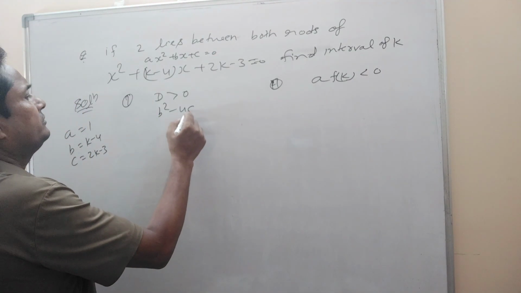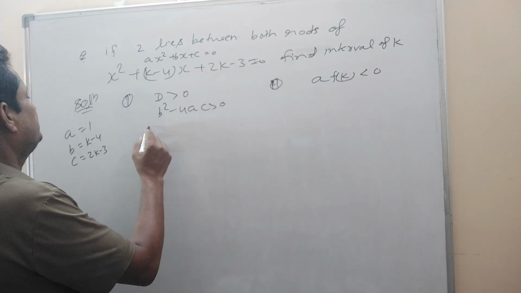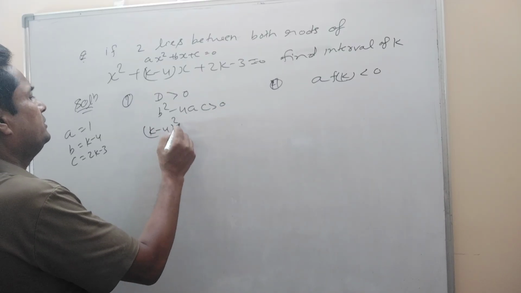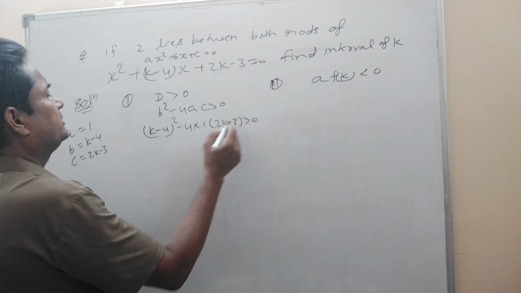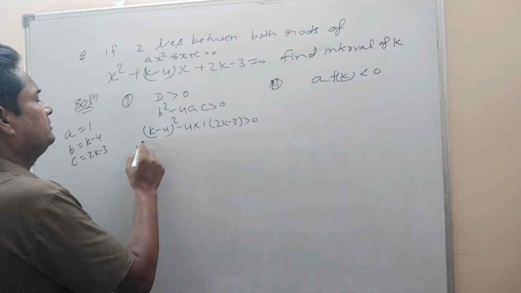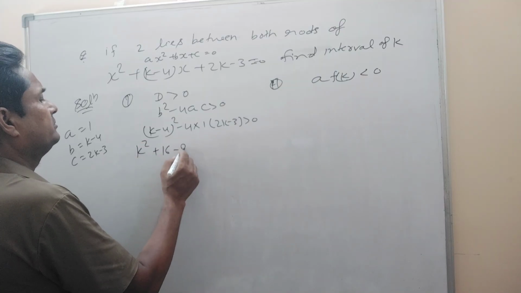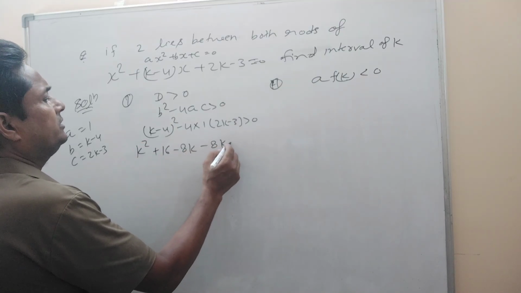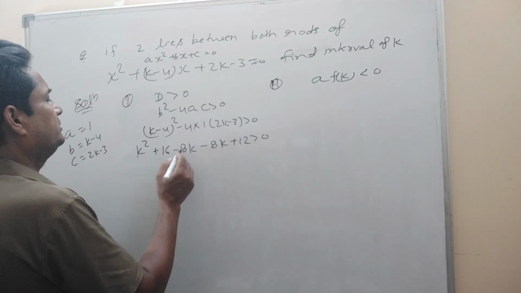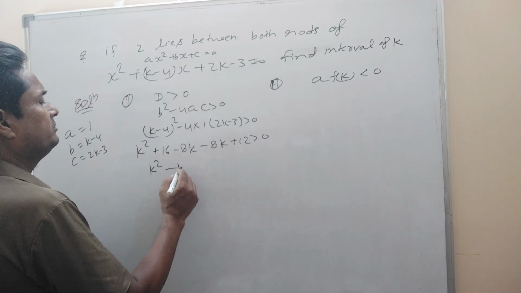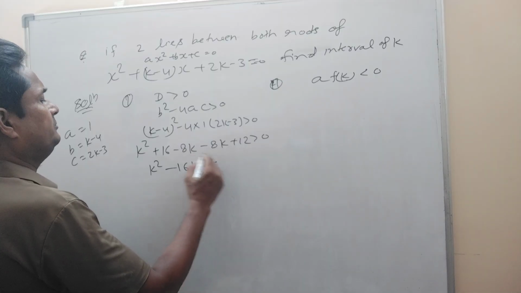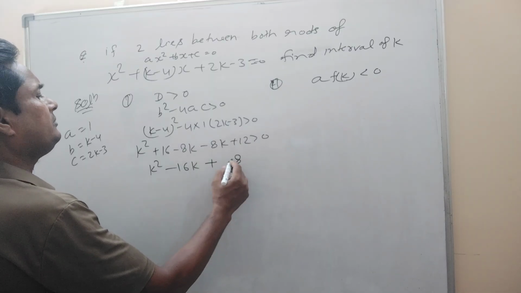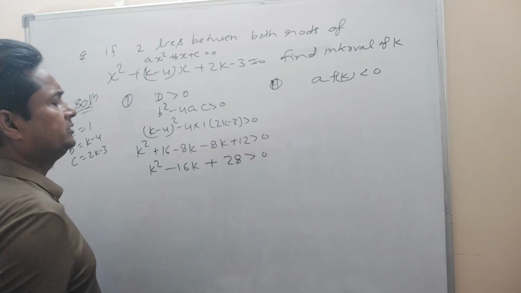Now find out discriminant. B square minus 4ac greater than 0. B is k minus 4 whole square minus 4 into 1 into (2k minus 3) greater than 0. Now expand this one. k square plus 16 minus 8k plus 12 greater than 0. That is k square minus 16k plus 28 greater than 0.